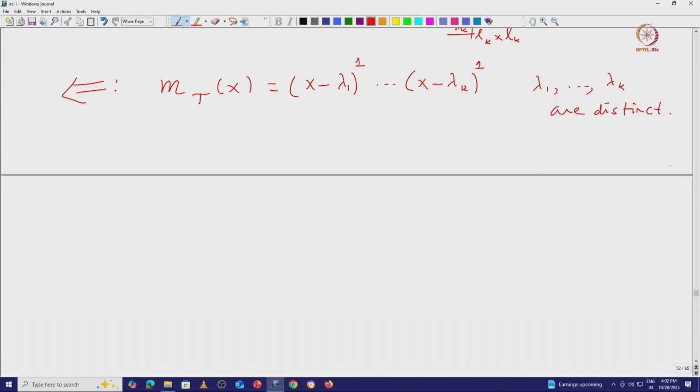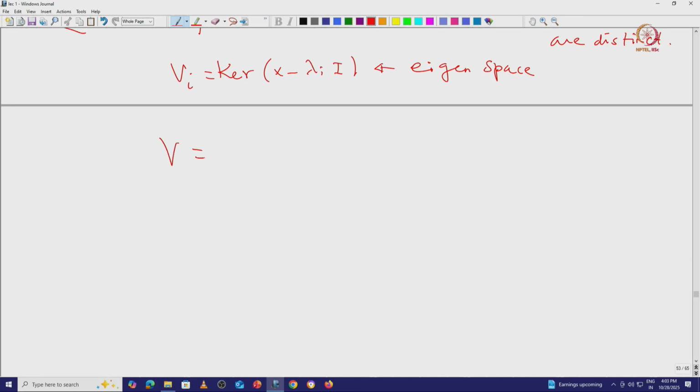Now, if you go back to the primary decomposition theorem, it says that if we set V I to be this generalized eigenspace, which coincides with the eigenspace, then V becomes the direct sum of V 1 etc. V k. Now if you focus on T restricted to V I, then it is exactly lambda I times identity.